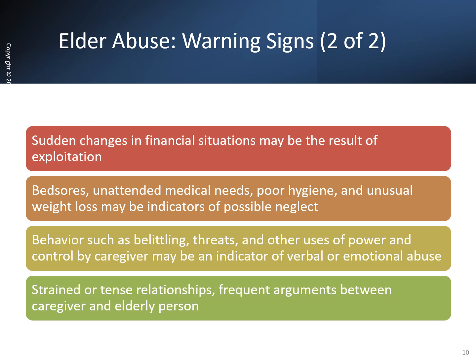Okay. And then anything that's strained or awkward and you can just feel tension in the room, pay attention to that. Really stop and slow down and listen to what's being said if there's any tension in the voice of either the caregiver or the elderly person.